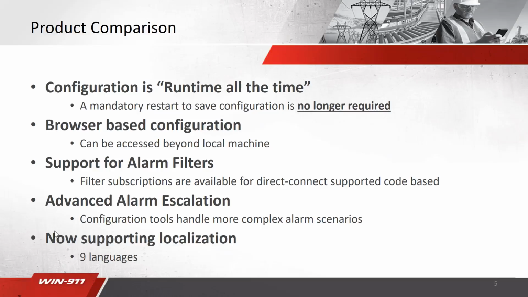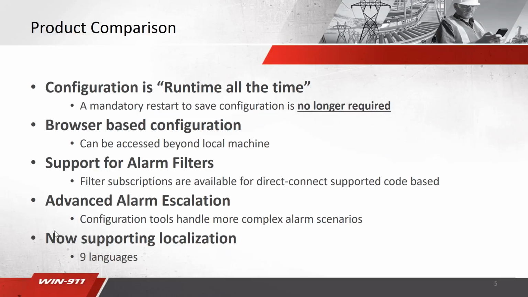With our software, we also have the ability to do some alarm filters. We can filter by alarm name, severity, block type. Depending on your SCADA, certain SCADAs allow for different types of alarm filtering, but it is available in our new software. Also, we have what's called the advanced alarm escalation, and I'll show you some examples where we walk through what looks like a state machine, a colored chart, step by step of where it goes, is it on or off, and shows you the full sequence of the alarm going through.